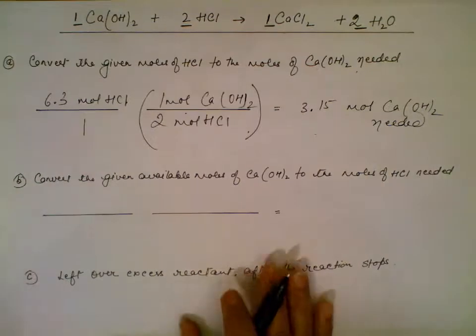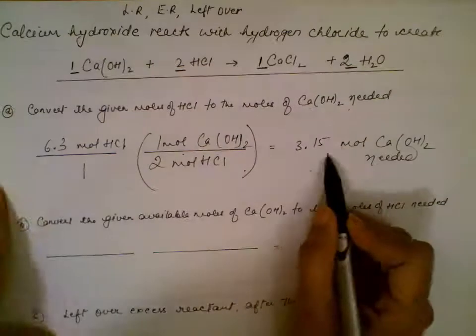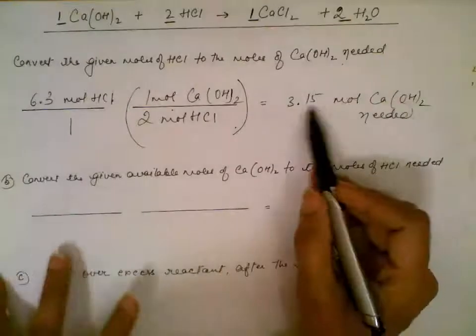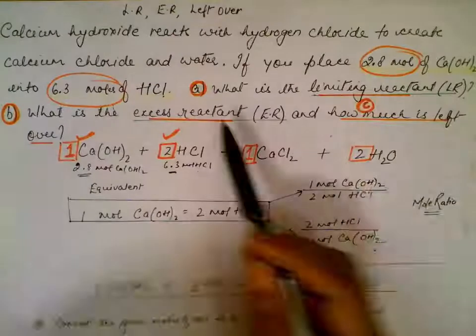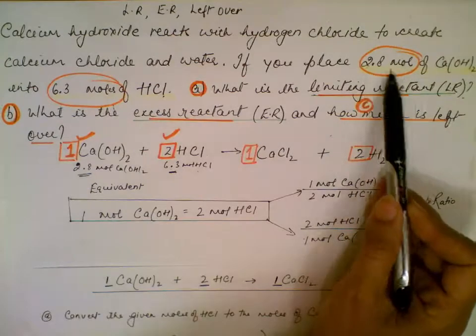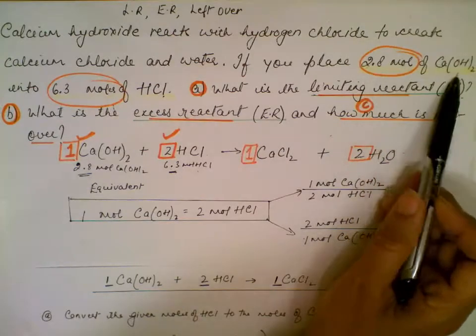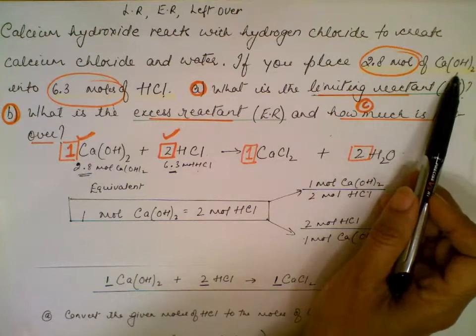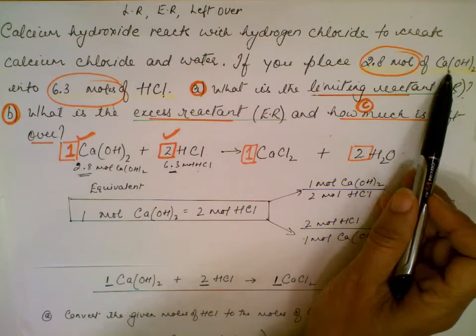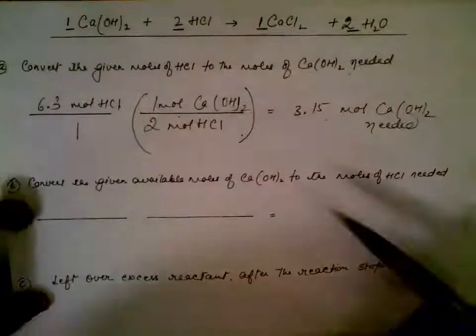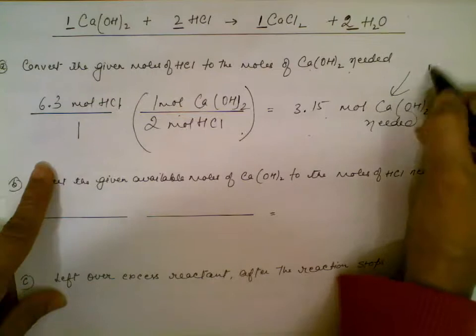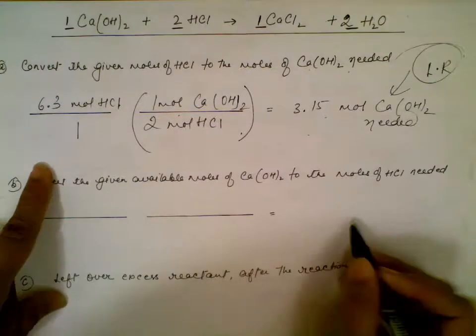Okay, but look at the problem. We need 3.15 moles of calcium hydroxide. However, in the problem, we are given only 2.8 moles of calcium hydroxide. So this is actually less than the required moles. So this is going to be used up first. This is going to limit our reaction. So calcium hydroxide is our limiting reactant, right?